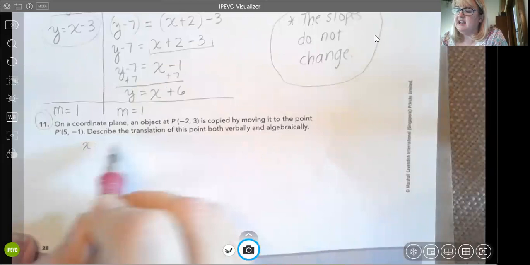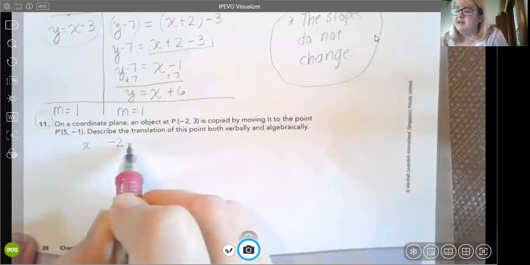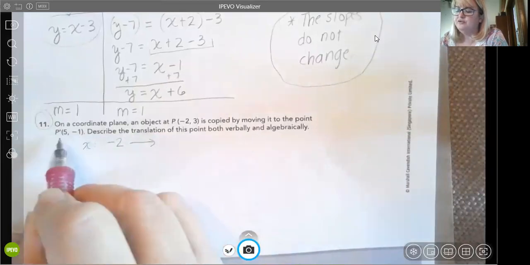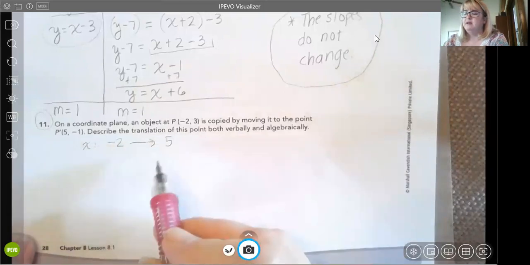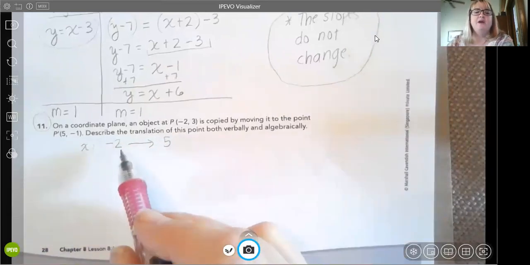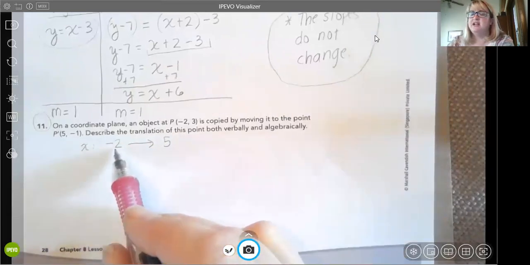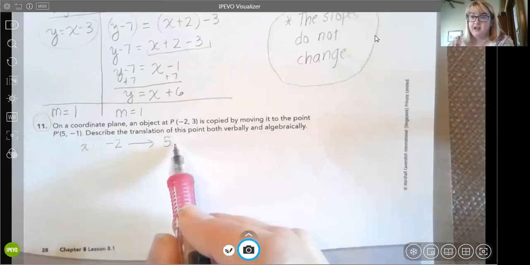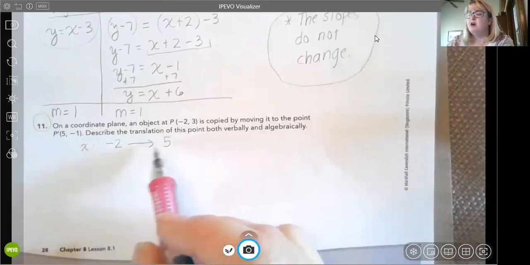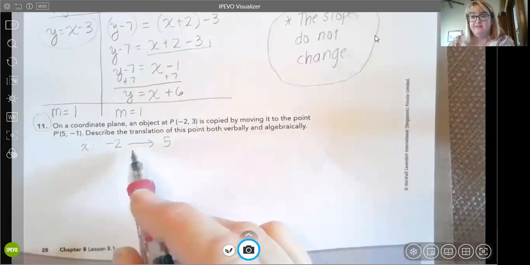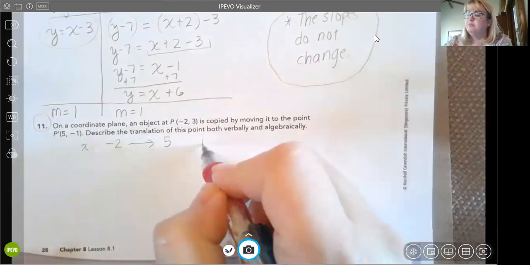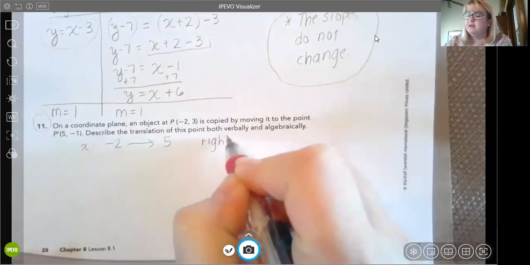It starts at -2, and then it moves to 5. So if we are on the x-axis and we start at -2 and we go to 5, are we moving to the right or to the left? So we are moving to the right.